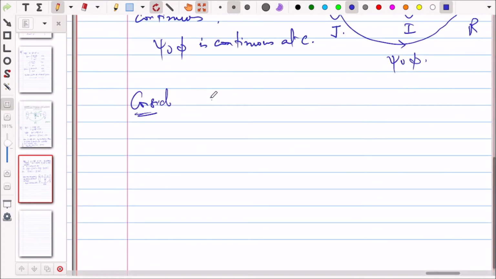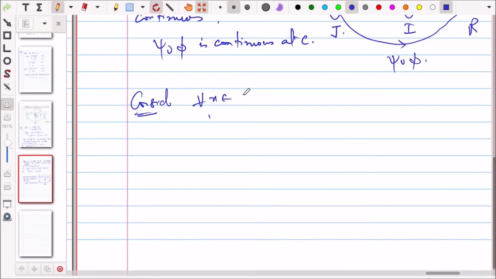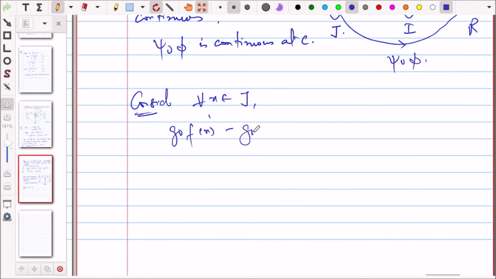So consider, for all x belonging to J, g of x minus g of c. So what this is, g of fx minus g of fc.